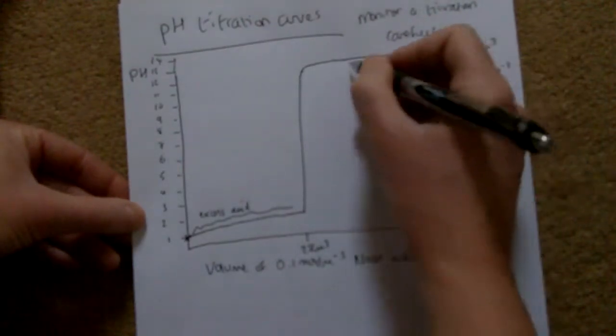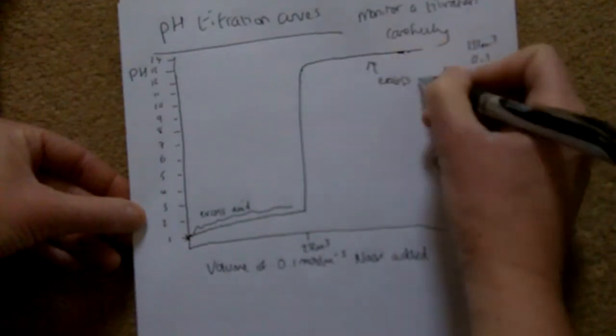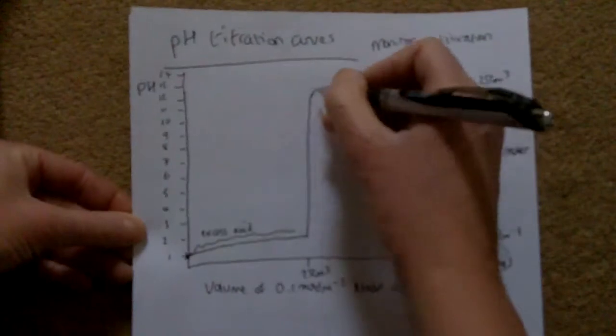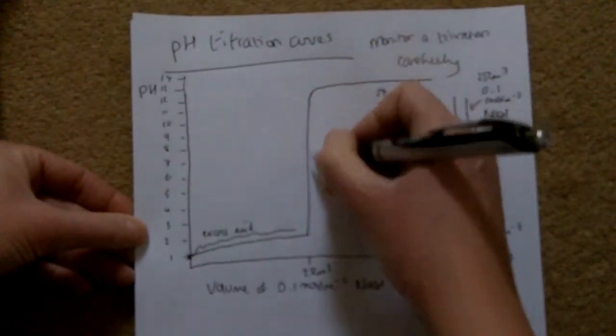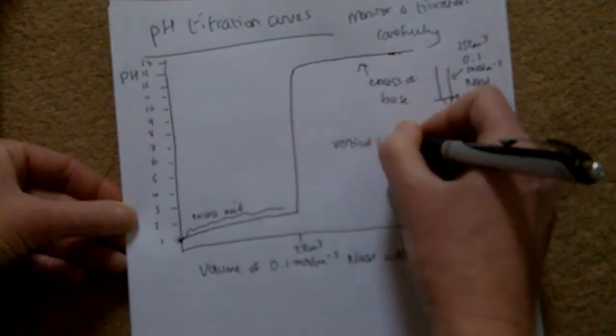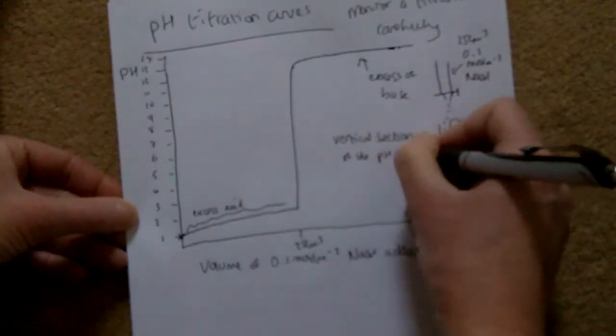This is an excess of base over here. We call this the vertical section of the pH curve.